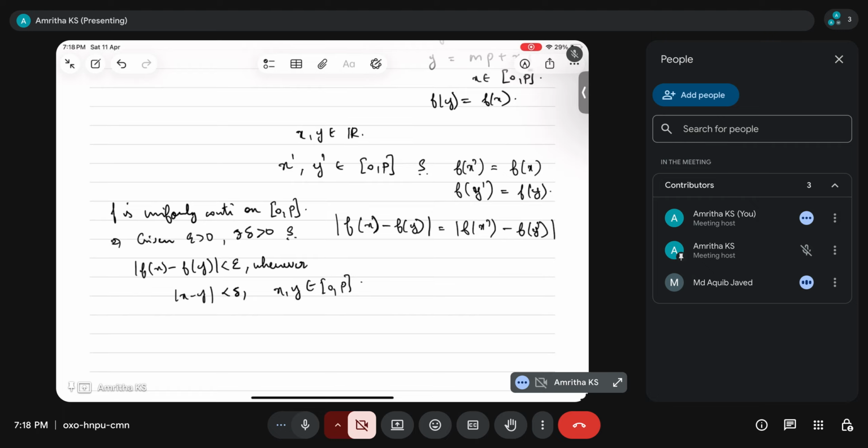Because suppose this is your [0,p], two adjacent intervals, these are of p width. You can take x here and y here, right? Still, you might get |x' minus y'| to be less than delta, but |x minus y| is never less than delta.